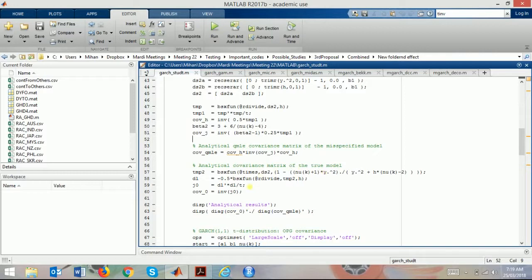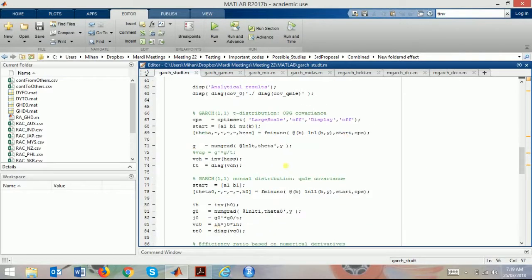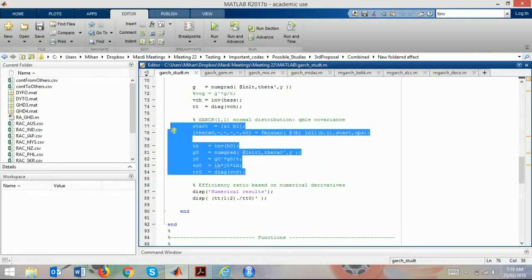Mismatches of the true model. Let's skip this part. This is somehow, no, gradient. Okay, covariance of maximum likelihood estimator, numeric gradient.